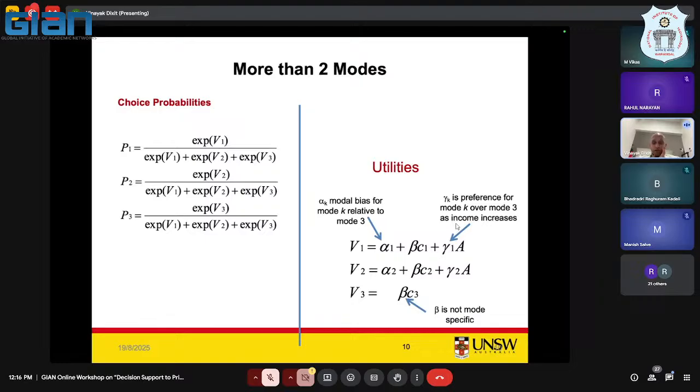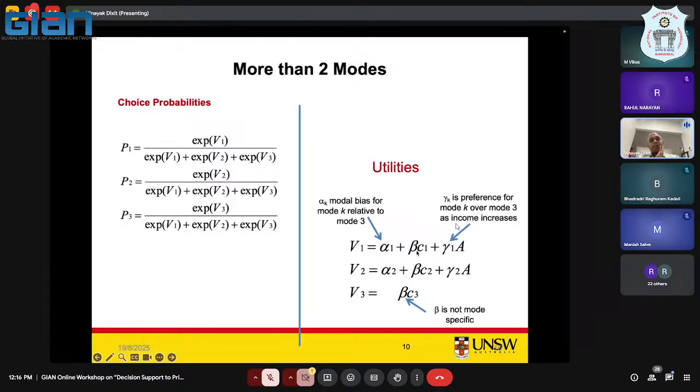So one thing I want to highlight here: there's a specification aspect of these models as well. One thing to remember is that you have these mode specific biases, alpha 1, alpha 2. But when we are looking at the costs, the preferences, the coefficients associated to the costs are constant.